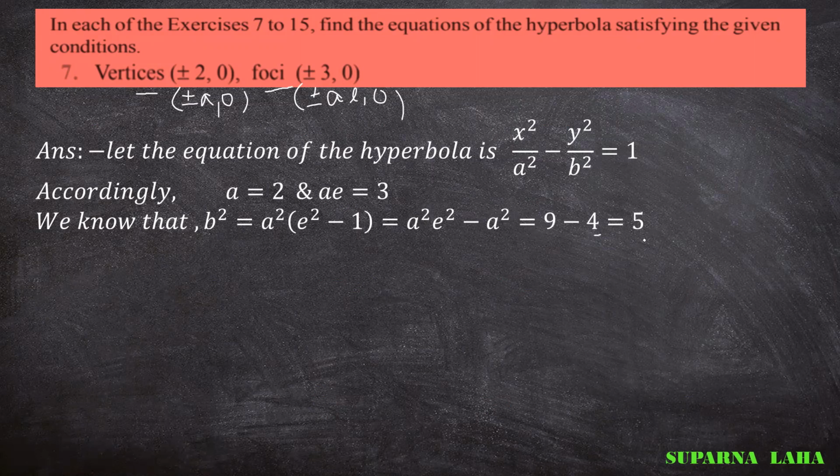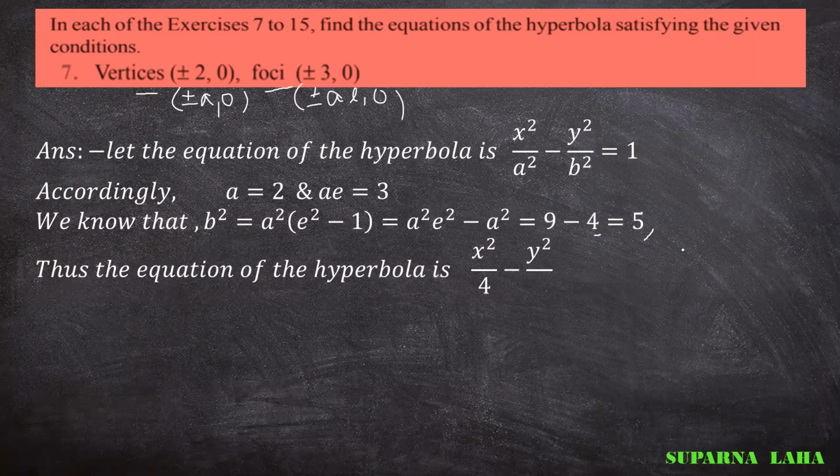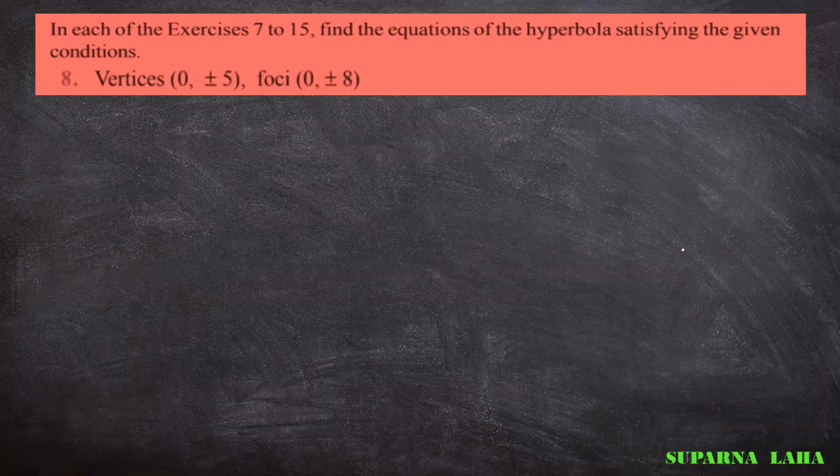So 9 minus 4 is 5, so b square is equal to 5. Put the values of a and b into the equation. So x square upon 4 minus y square upon 5 is equal to 1 is the equation of the hyperbola.